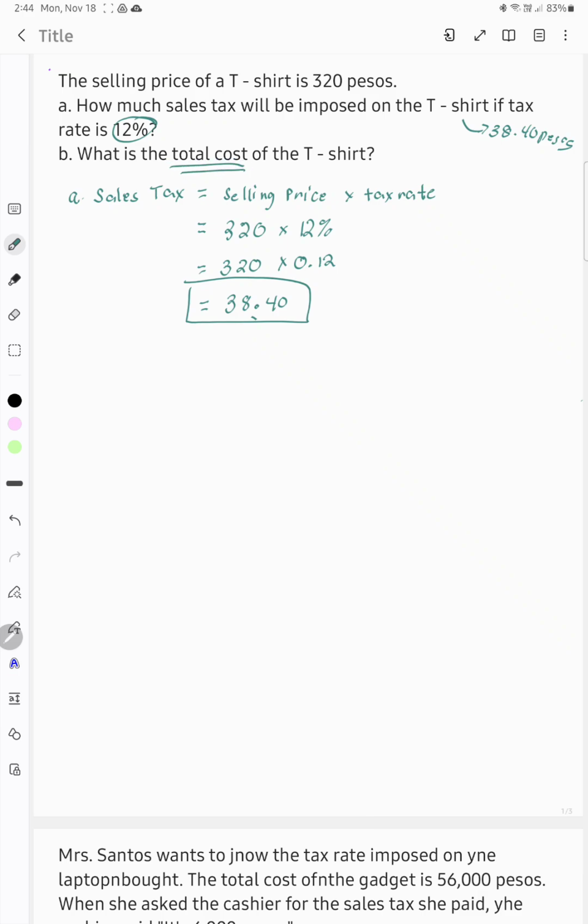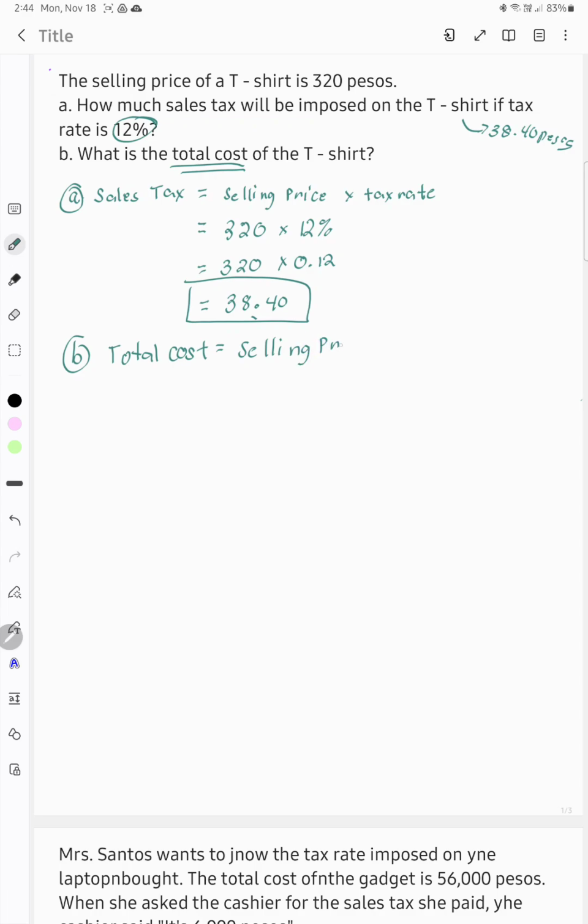Now, let's go to the total cost. What is the total cost of the t-shirt, given the sales tax? The total cost would be equal to the selling price plus the sales tax.